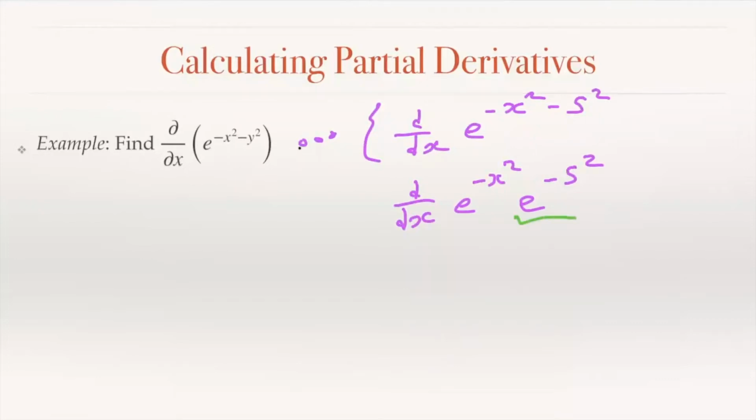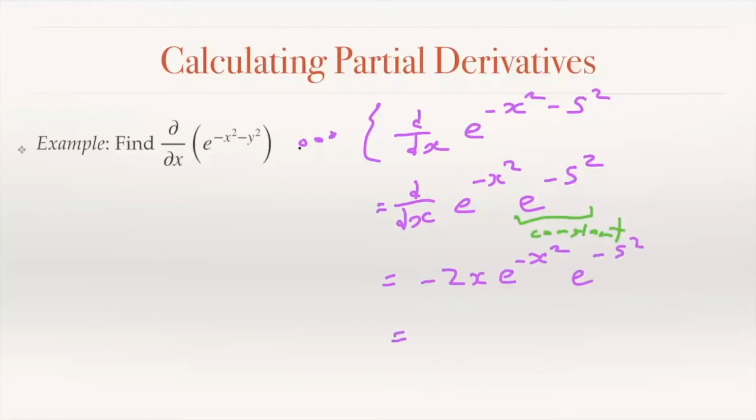Now this guy is just a constant, so it just sticks around in the derivative, nothing happens. And this guy, by the chain rule, we would pull down the derivative of negative x squared. So that's negative 2x times e to the negative x squared times e to the negative 5 squared.